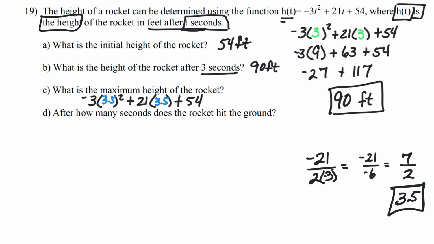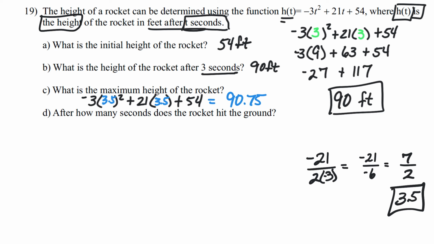Sorry, I cannot do 3.5 squared in my head, but we'll take this to a calculator and bring back a number. All right, my calculator tells me that this height is 90.75. So that would be our maximum height.